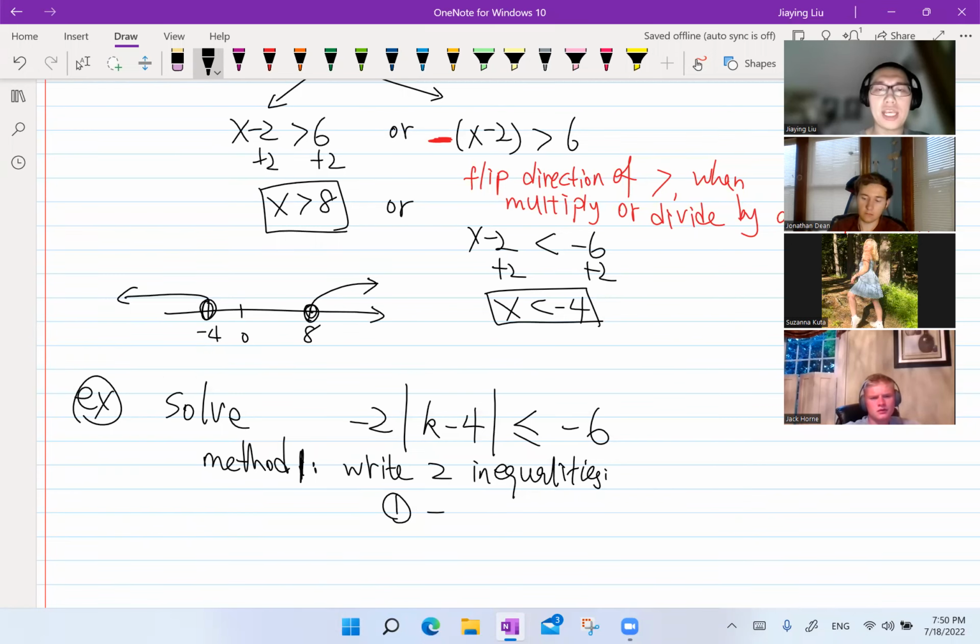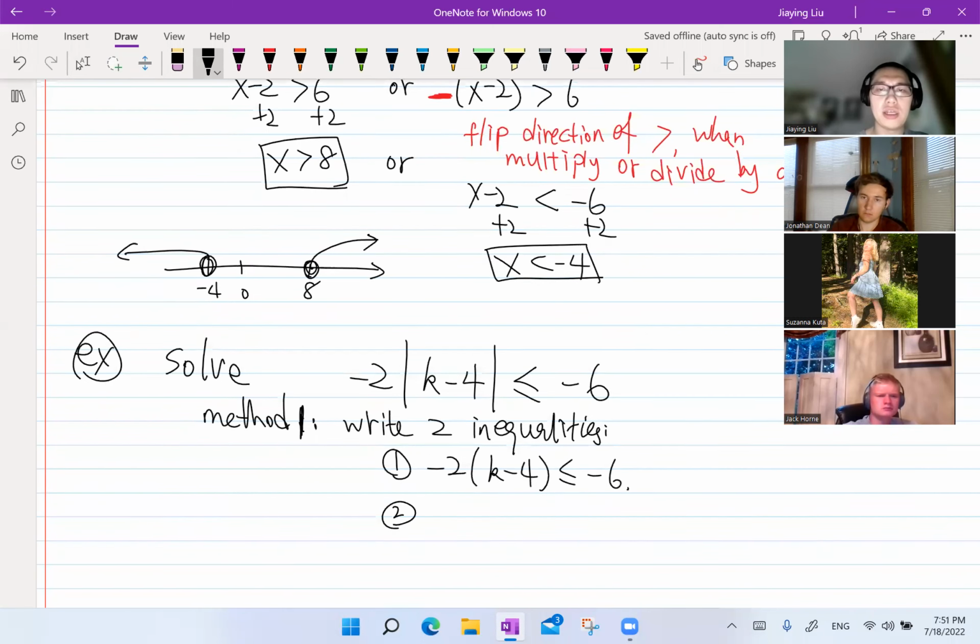The first one is going to be -2 times (k minus 4) less than or equal to -6. The second inequality is going to be -2 times, and we're going to add a -1 in front of this absolute value part, (k minus 4), less than or equal to -6. And then we can do whatever we have to do. So that's the first method.